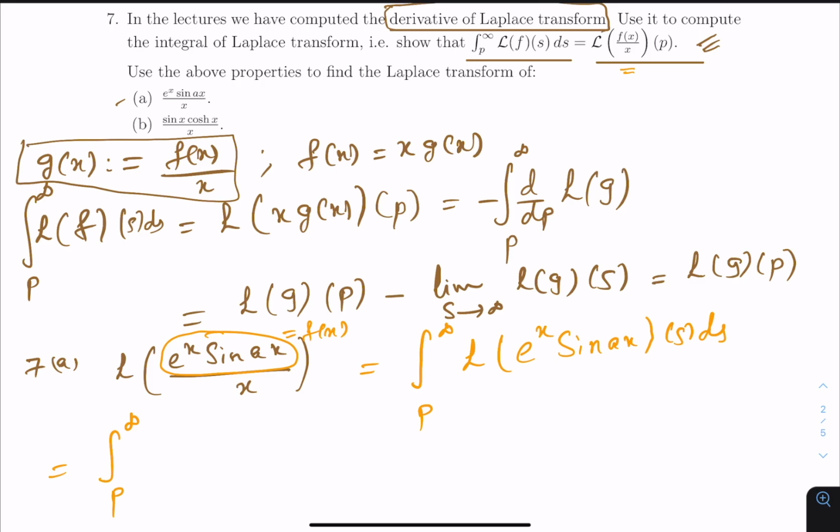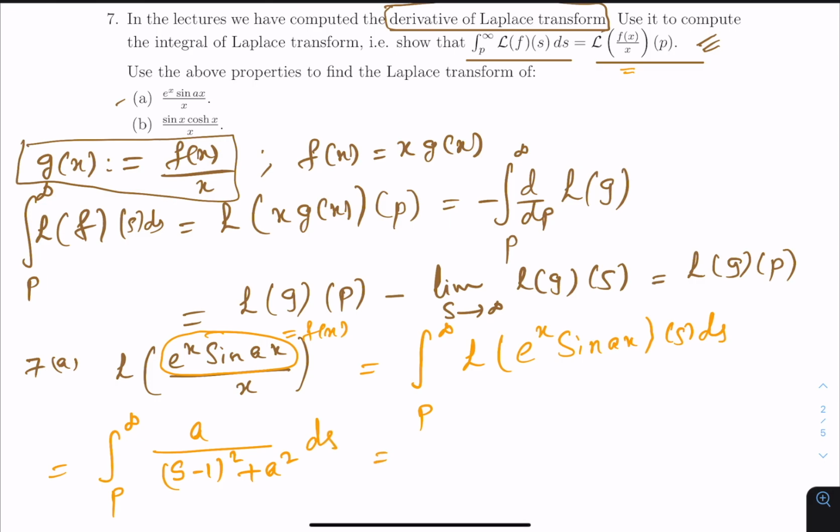So what we are going to have is precisely a over s minus 1 whole squared plus a squared. This is by the first shifting theorem, and this is ds.